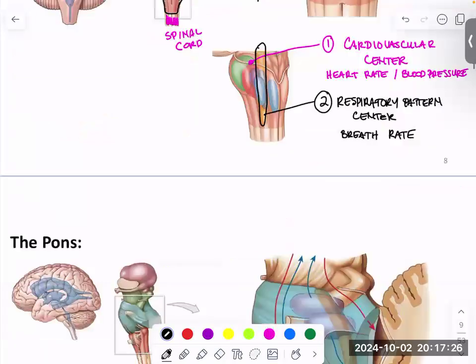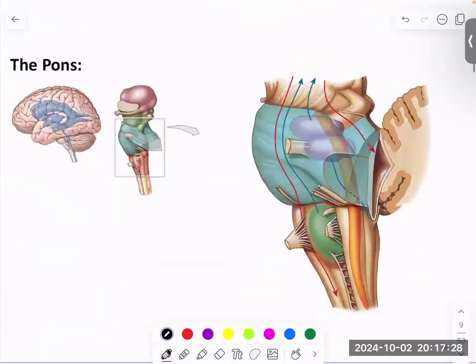The pons. It's the area in blue. The pons has a couple centers, not very many. There's only 1 center I want you to be familiar with. The 1 center I want you to be familiar with, I pointed to the wrong one, is this yellow one. Look at the yellow one.